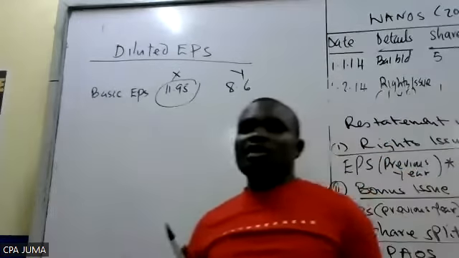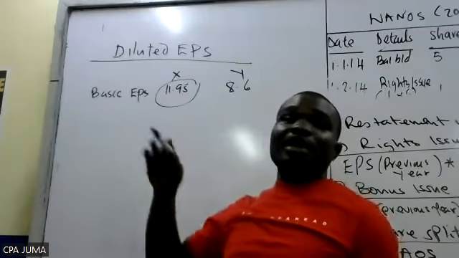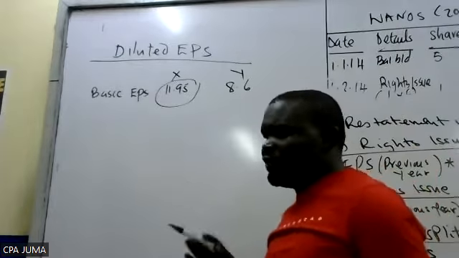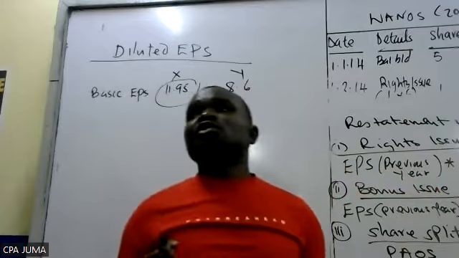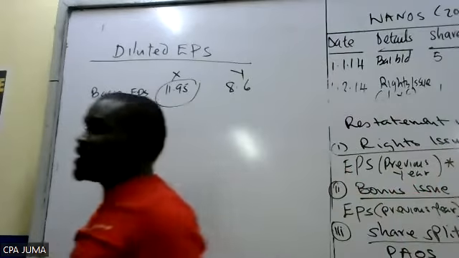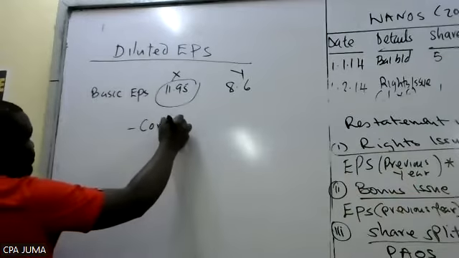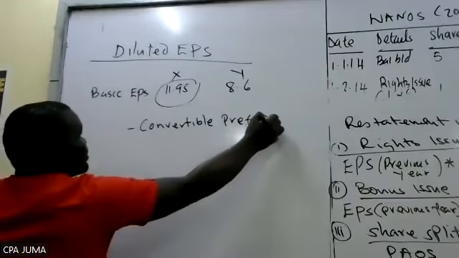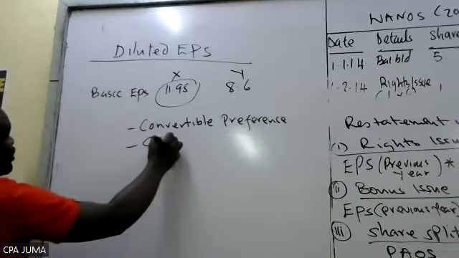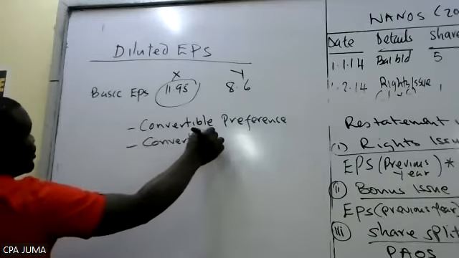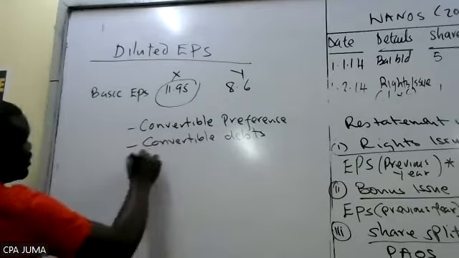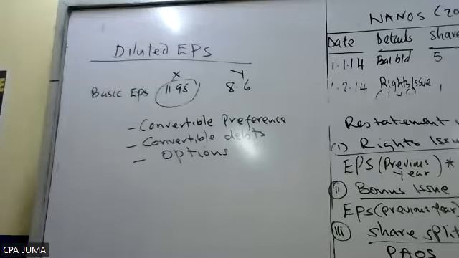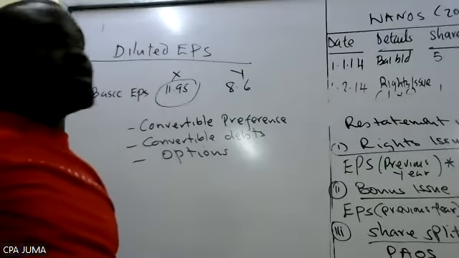Because sometimes these people are currently reporting good EPS, which is attractive, but maybe they had given out to the public these items: convertible preference shares, convertible debts, and maybe options. Either of these or all.